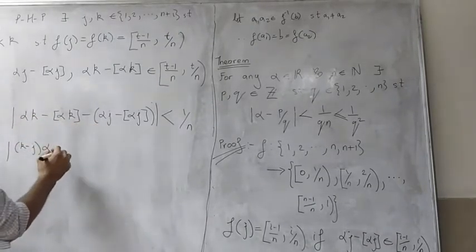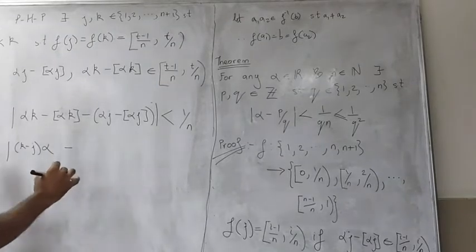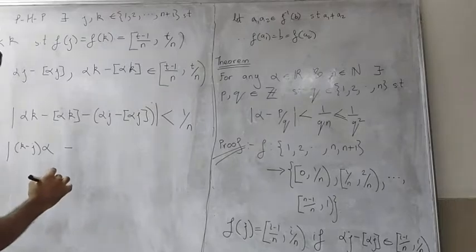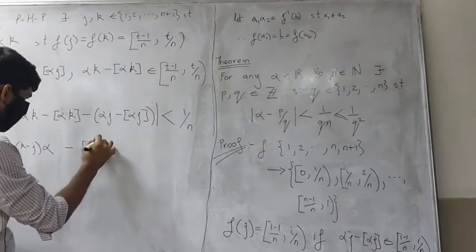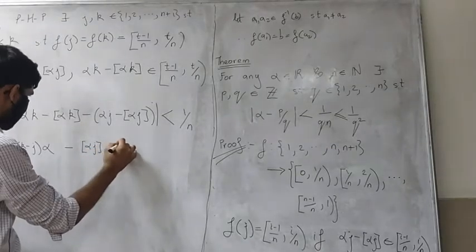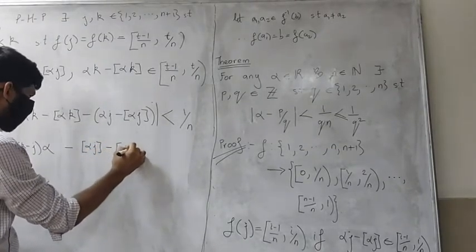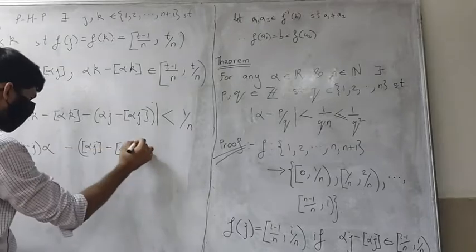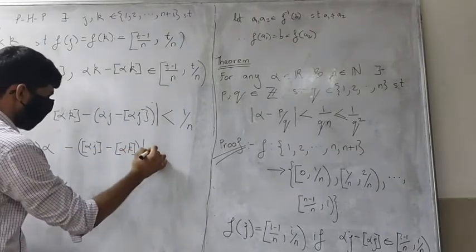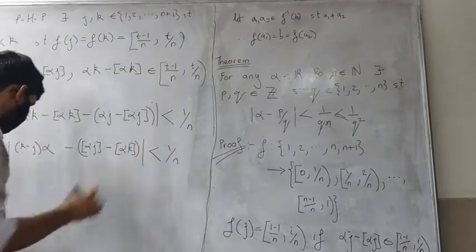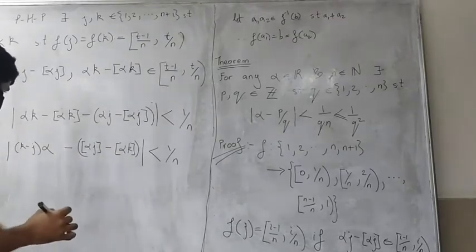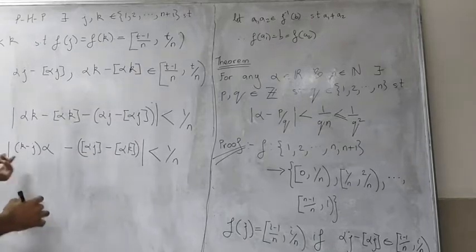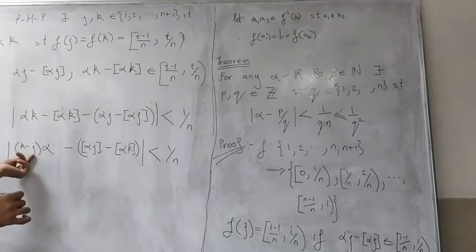Just combine these two, so the greatest integer of alpha j minus alpha k is less than 1 by n. Okay, so this k minus j is positive.